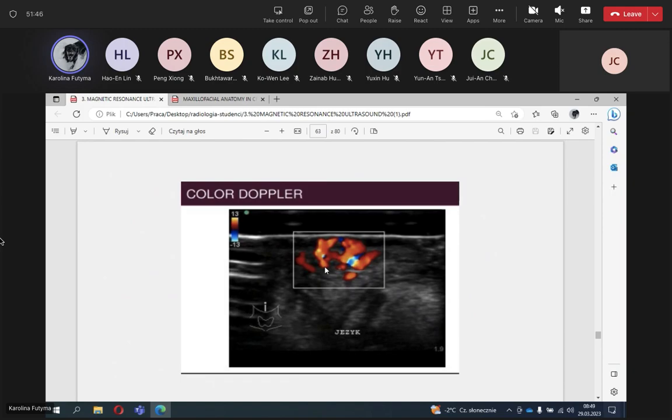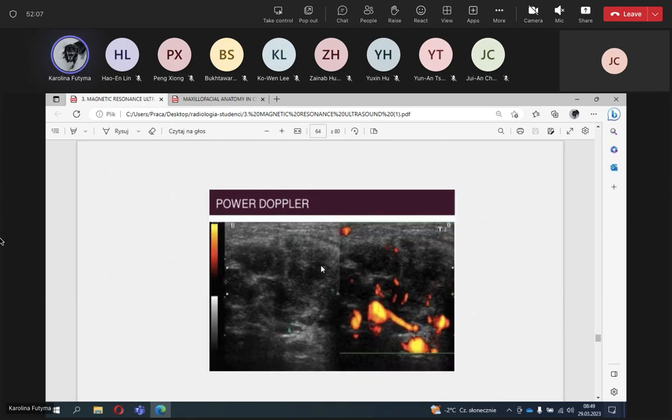Of course, as we know, there are different types of veins and arteries in the internal structure of our tongue. But here we have the different colors describing, of course, the blood flow direction. Again, power Doppler here.